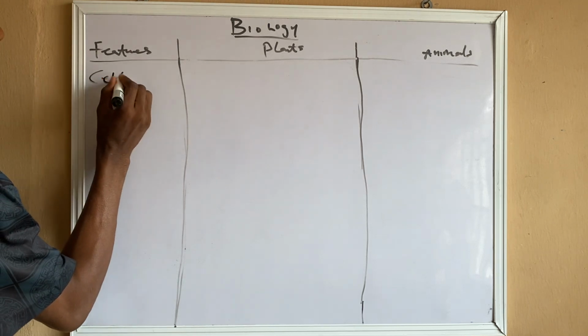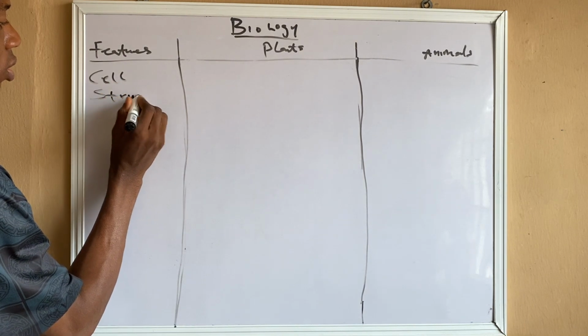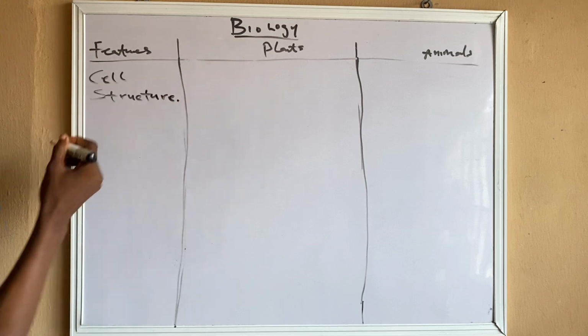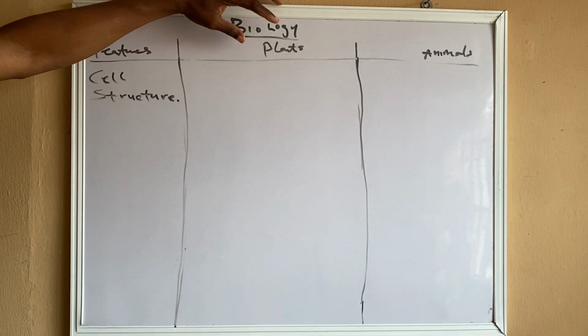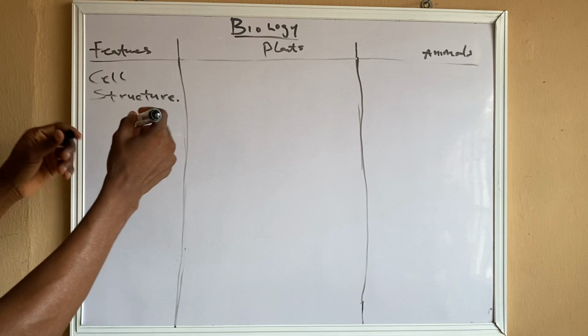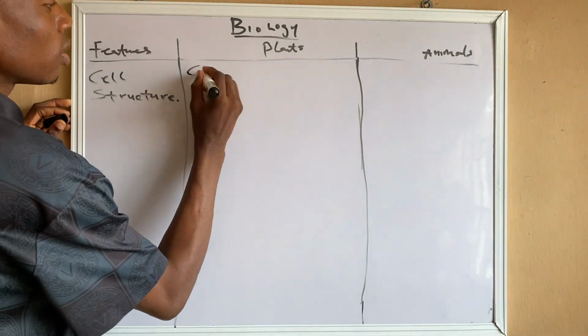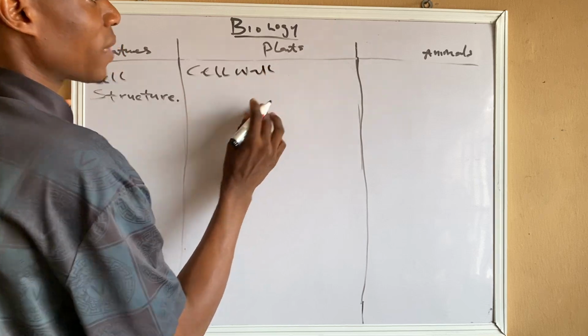Cell structure. In both plants and animals, their cell structure is different. Here in plants, a cell wall is present.